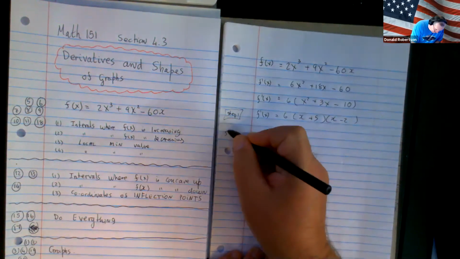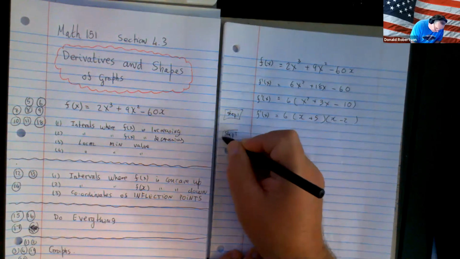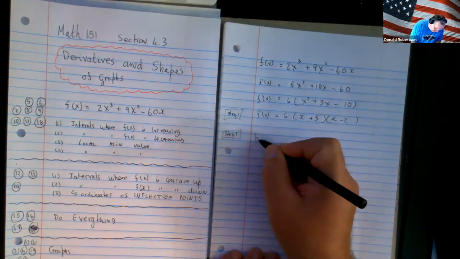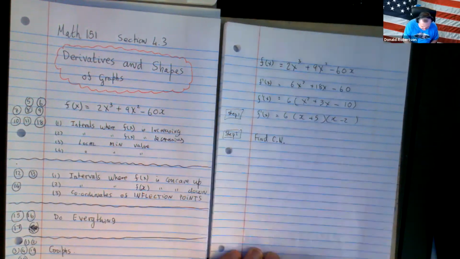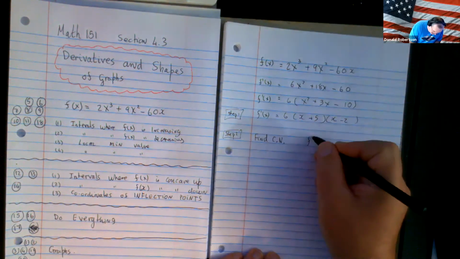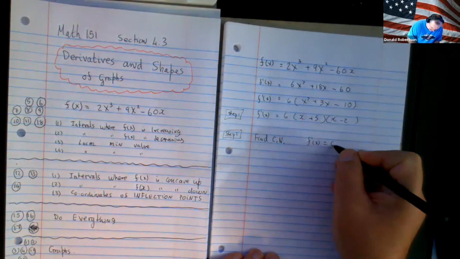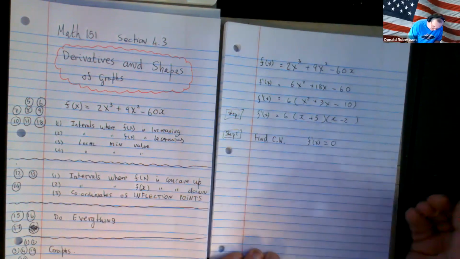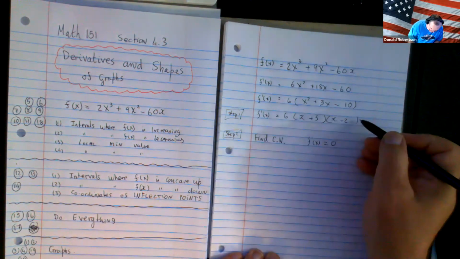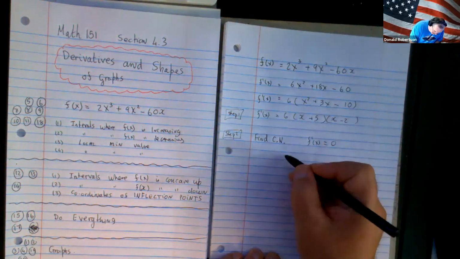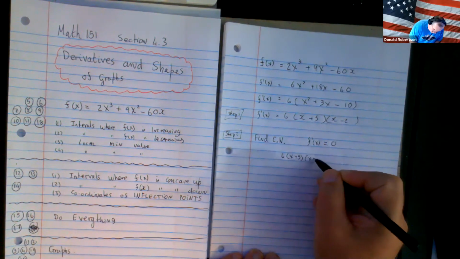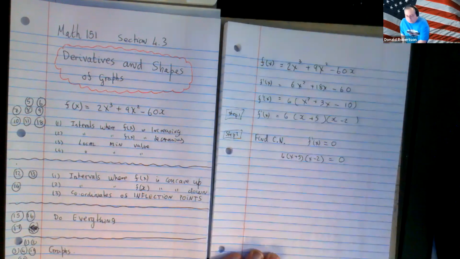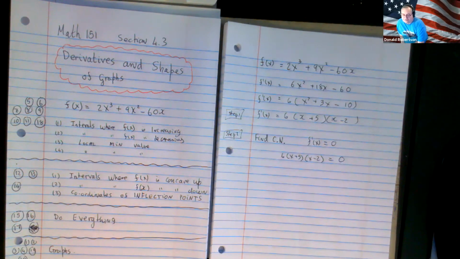The next step in this process, what I'm going to call step 2, is you find the critical numbers. The critical numbers are when the derivative is 0 or when it is undefined. In this question, I don't need to worry about undefined, so I only need to find the critical numbers, which are basically when this derivative is 0.